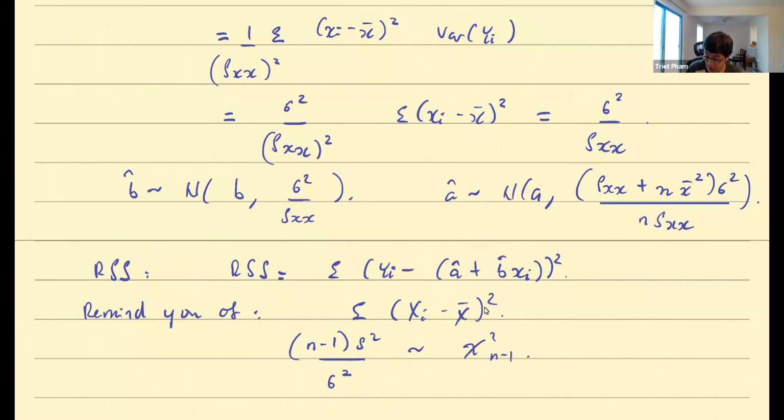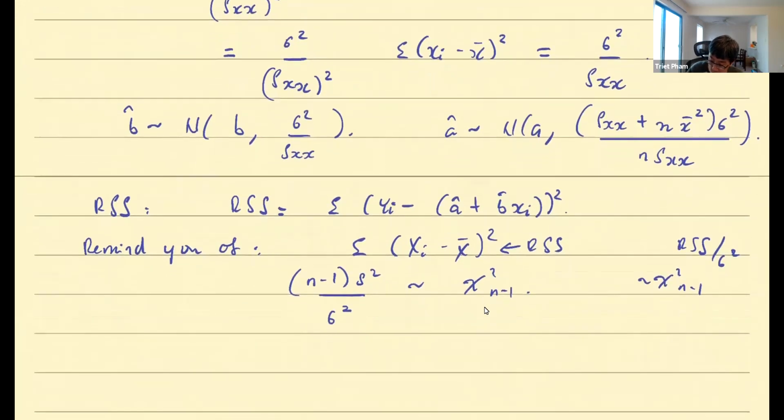Or really, in this formulation, if I call this RSS, then RSS over sigma square has a chi-square n minus 1 distribution. Whoops, what am I saying? RSS over sigma square. I apologize. Because you multiply by n minus 1, you get back to RSS. RSS divided by n minus 1 is s squared.